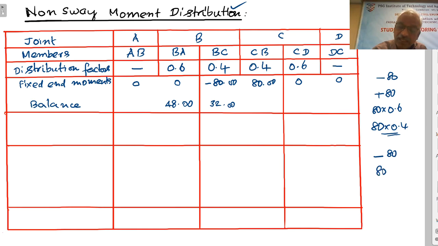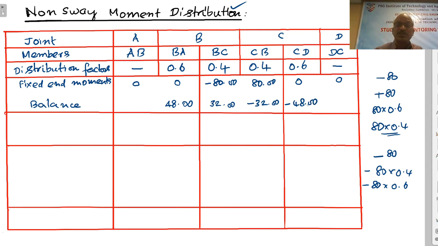Minus 80 into 0.4 to the member CB, and minus 80 into 0.6 to the member CD. Therefore minus 80 into 0.4 equal to minus 32, and minus 80 into 0.6 equal to minus 48.0.